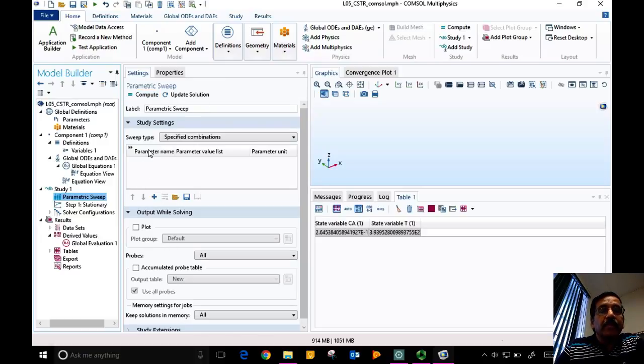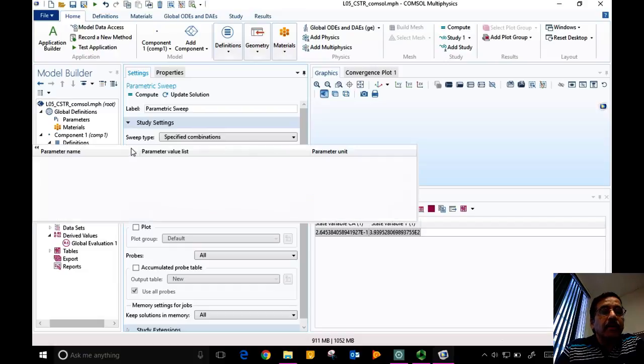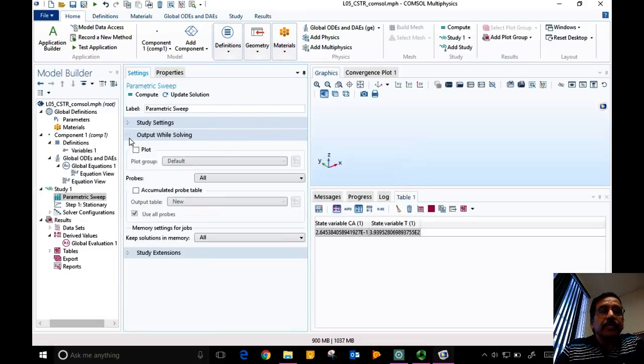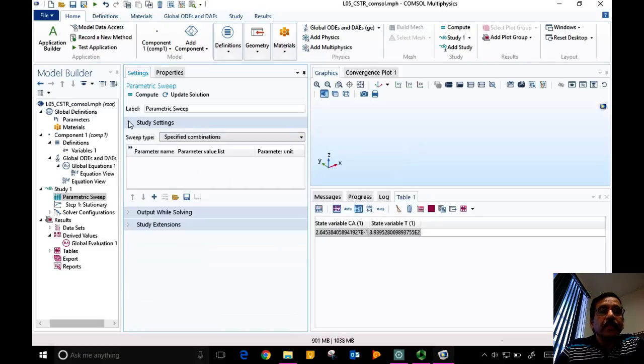And now I need to identify which parameter I want to continue. Here, add.